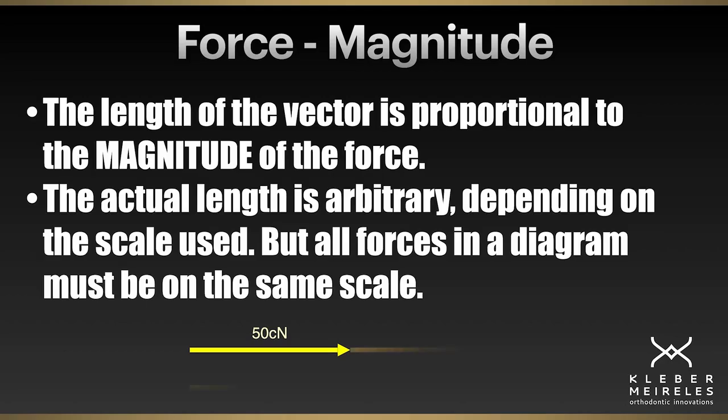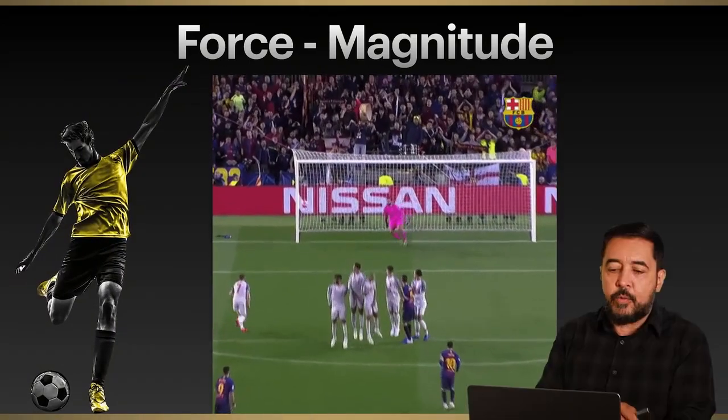And this is what is important for us. The length of the vectors is proportional to the magnitude of the force. The actual length is arbitrary, as I told you before, and depends on the scale that we are using. But all forces in a diagram must be on the same scale, meaning I have to keep the scale to represent other forces present in my diagram.